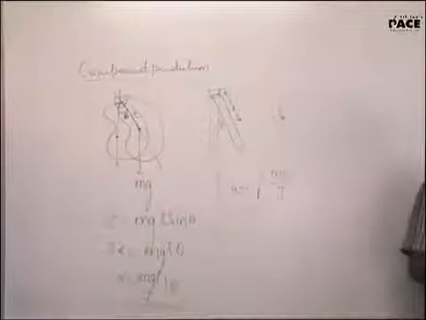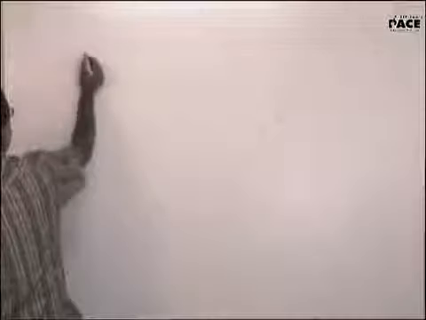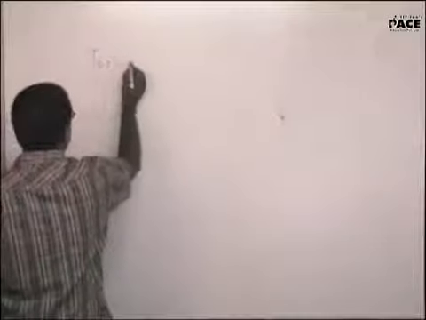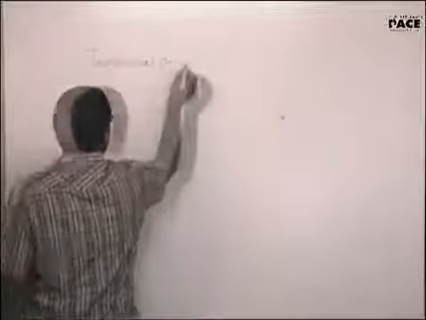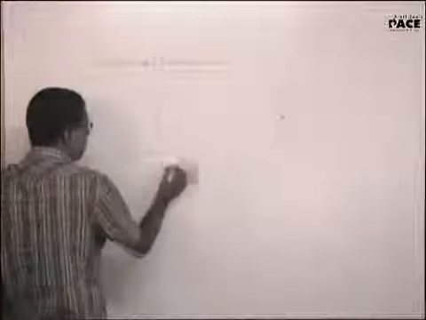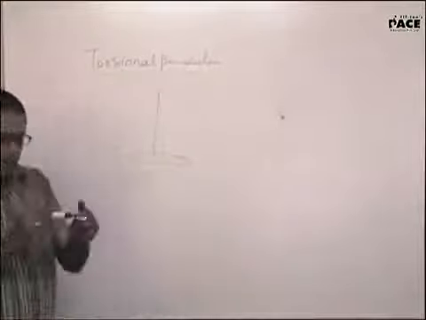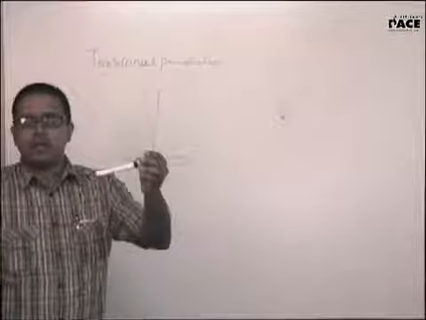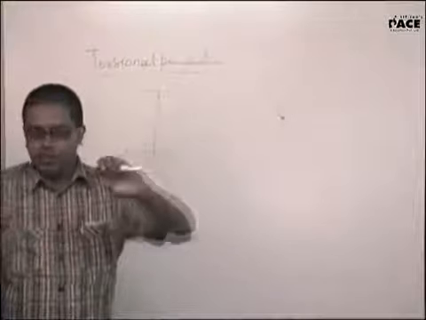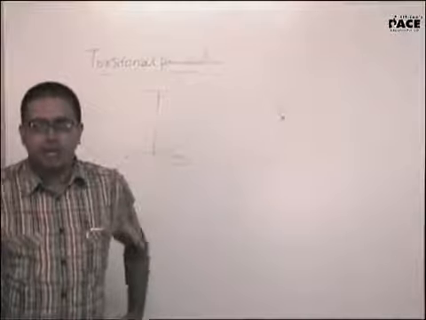The other pendulum is the torsional pendulum. Now here you are dealing with a single wire. Every wire, when you try to twist it by a small value, it will try to regain its original shape.